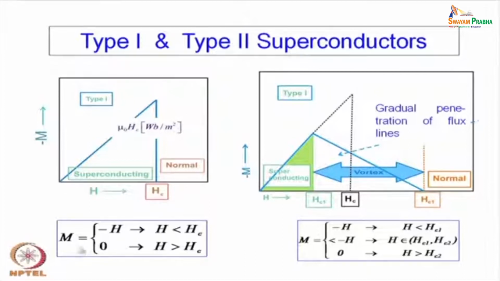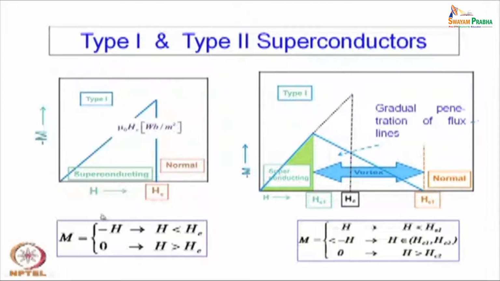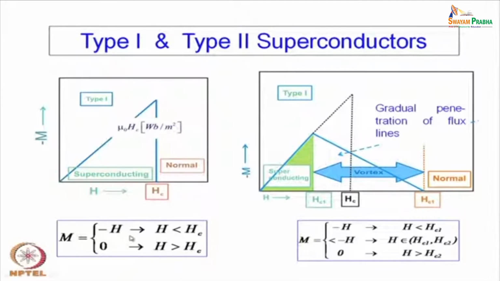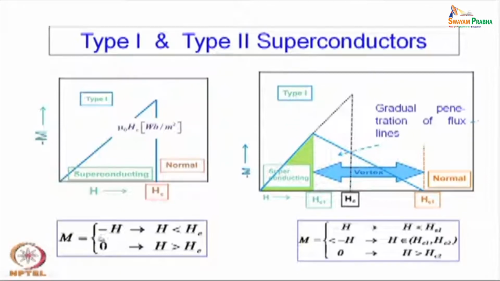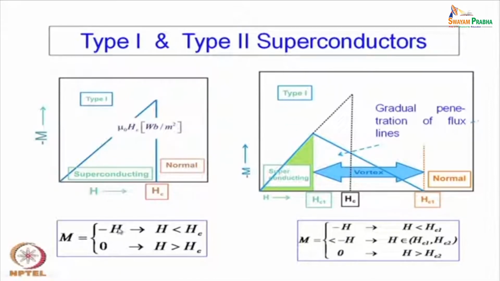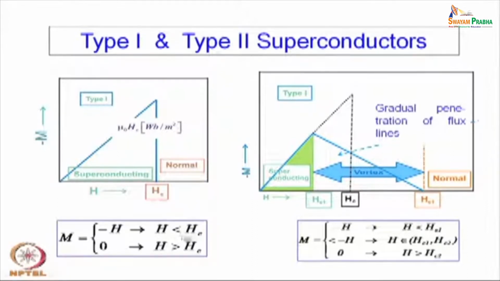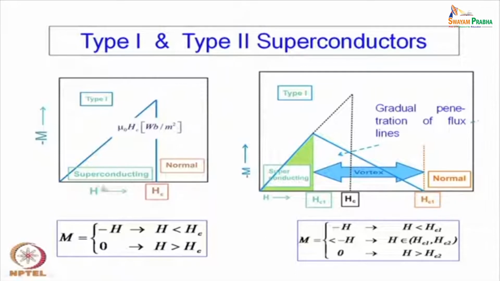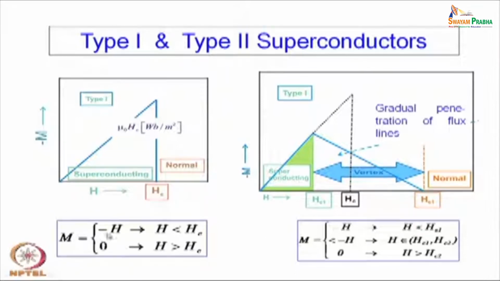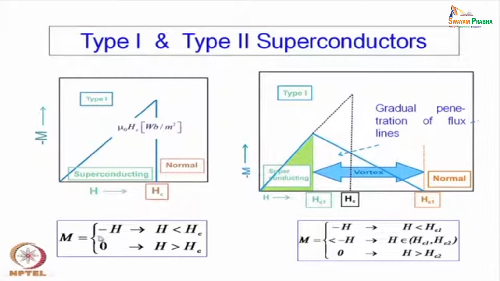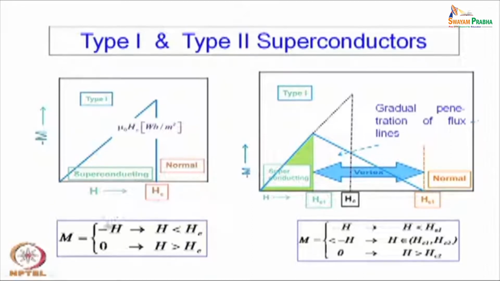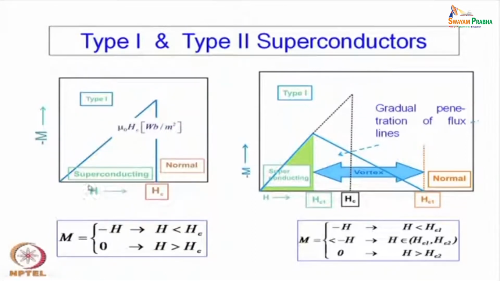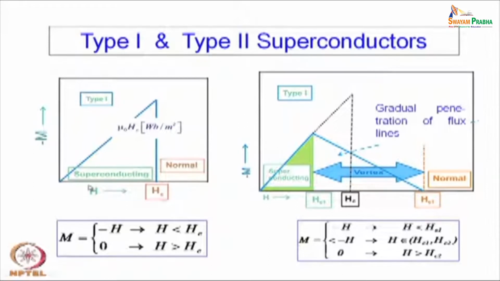As you can see, M equals -H, that means linearly proportional, when H is less than Hc. So, this is the Hc value, the critical value of H which we have discussed earlier. Below Hc, the magnetization is proportional to the magnetic field, but with a negative sign. That means, it has a complete exclusion of the magnetic lines of force.